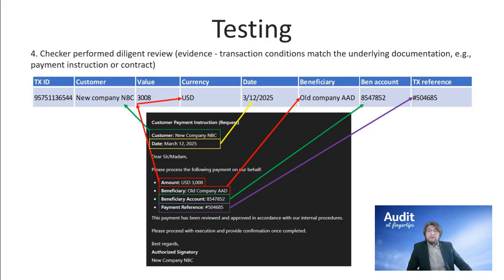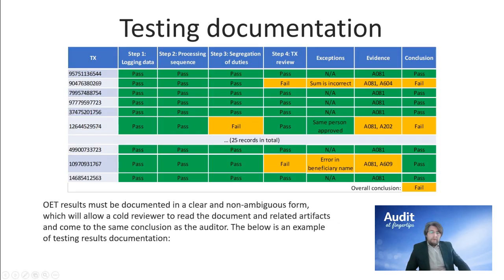Now, if all those checks pass, in that case, we apply them to every transaction from our sample, every item of 25. And we end up with the testing documentation, which may look something like that.